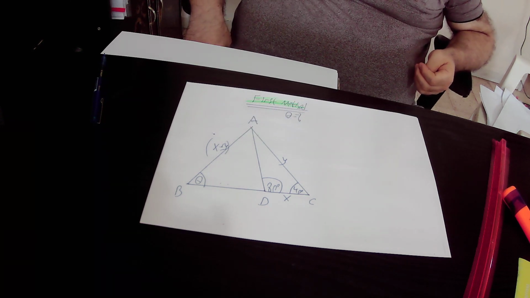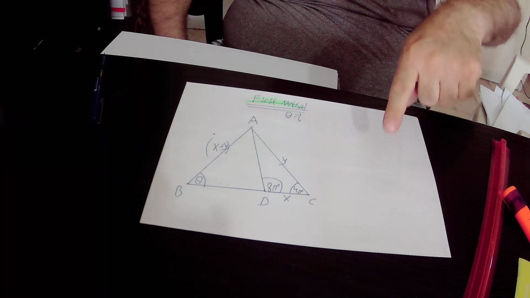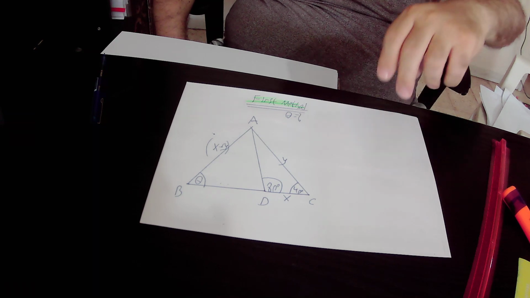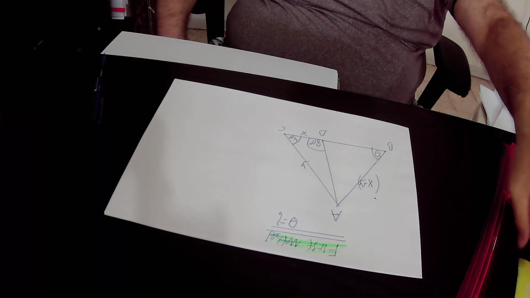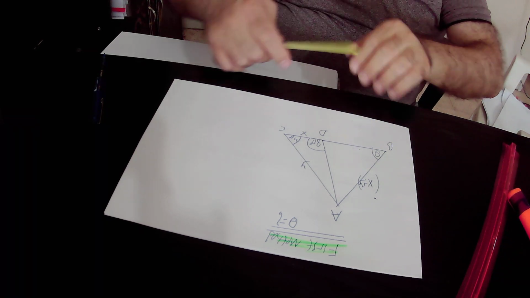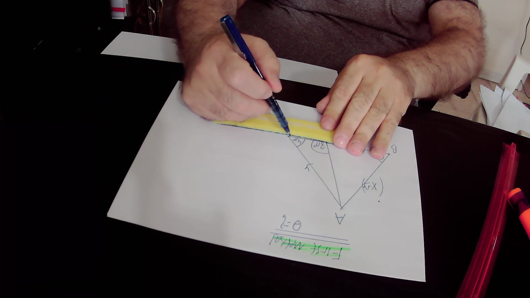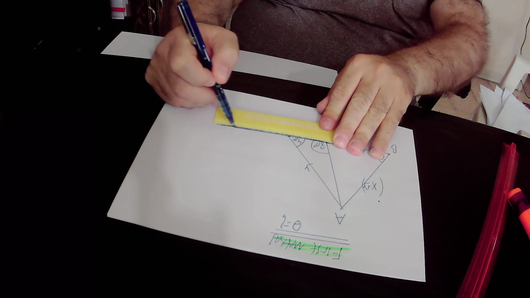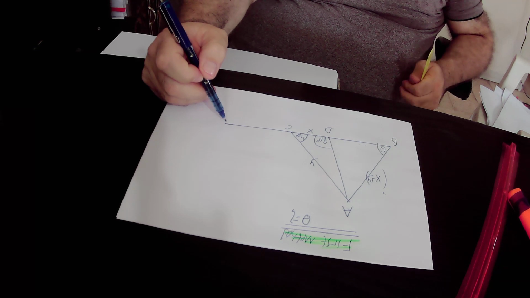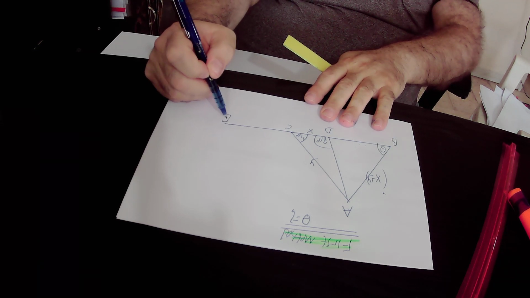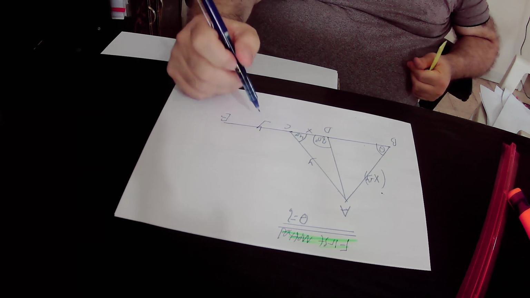Okay, so in the first method we'll do a construction. We'll extend side BC by y units. We define this point as point E. So here CE equals y units according to our construction.